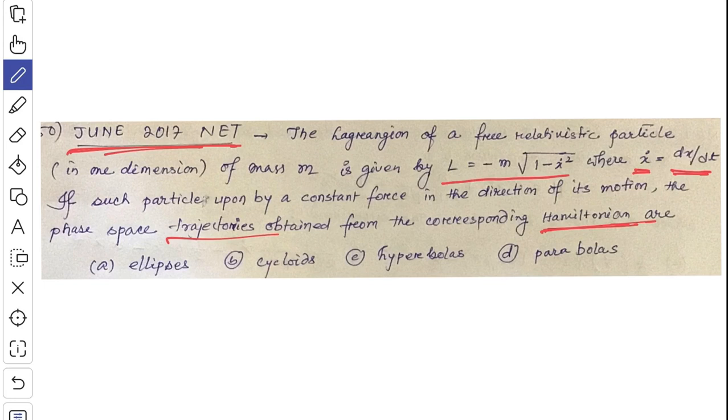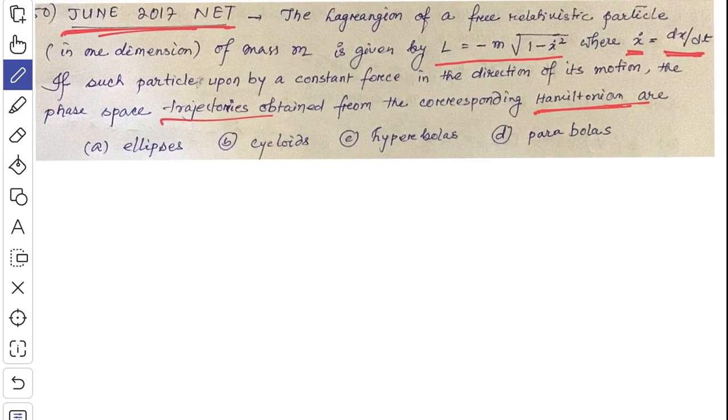It may be ellipse or hyperbola. Let's see what it is. So first let us write the Lagrangian. So given Lagrangian is L is equal to minus m root over 1 minus x dot square. This is the Lagrangian here. Potential is not given here in this case.